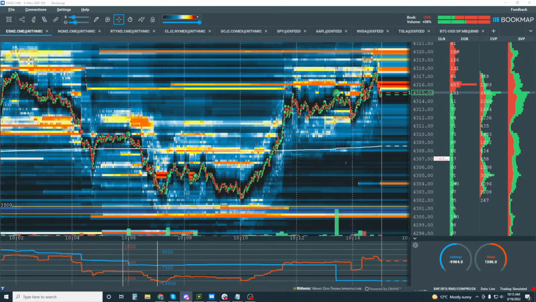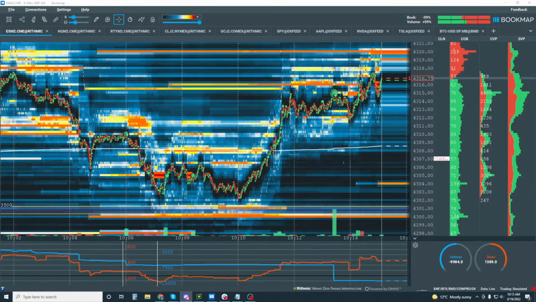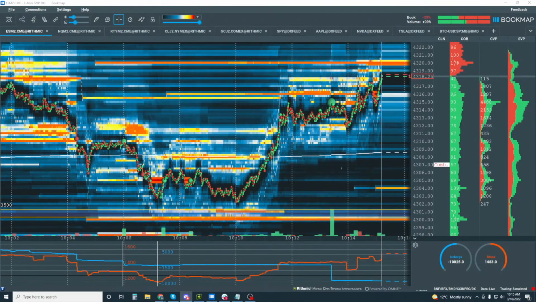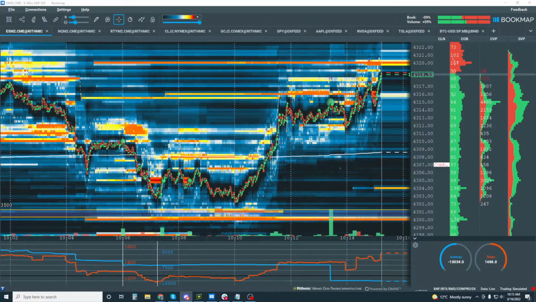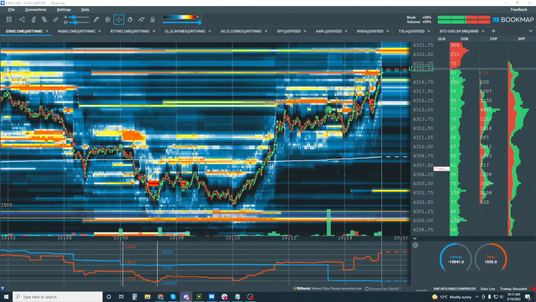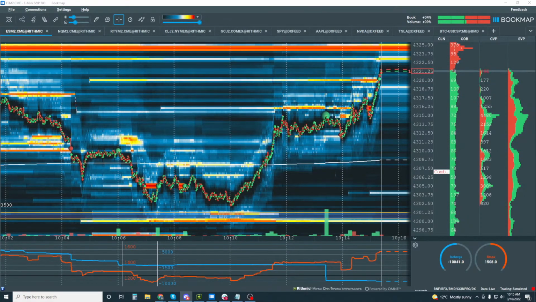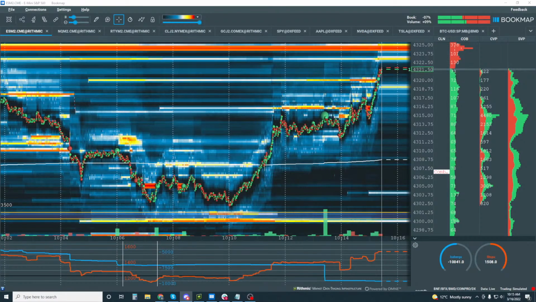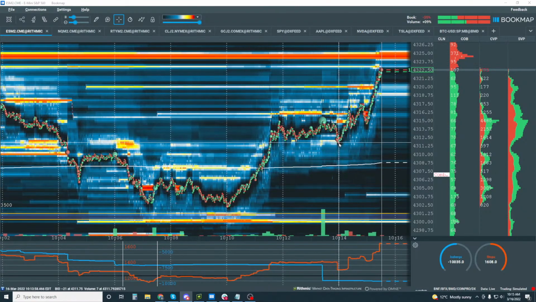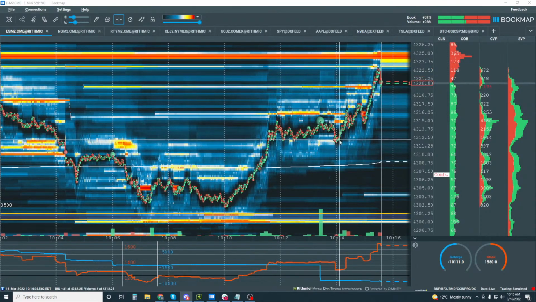Okay, 1 second. Boy, strong move out of there, guys. Pullback was very shallow here, just to 12. Just this structure here.